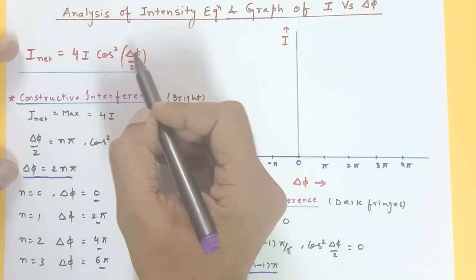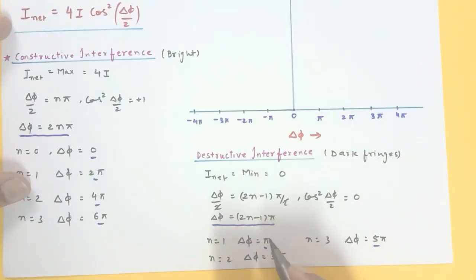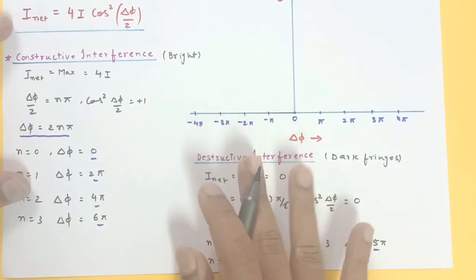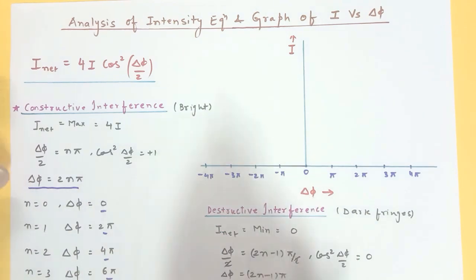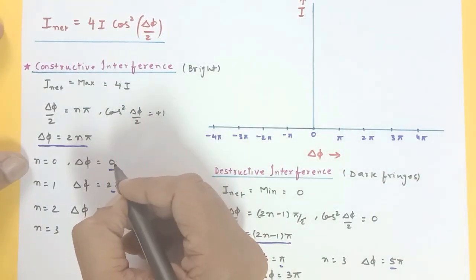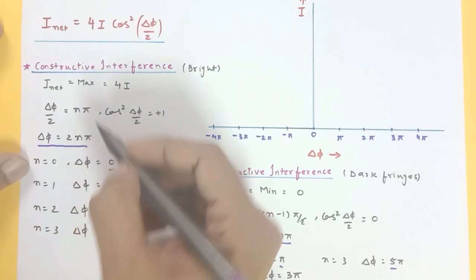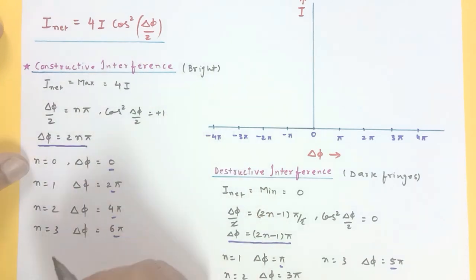So if I put negative pi, then it means that I am talking about this point only, because pi positive or pi negative I am going to get the same answer as 0, right? Okay, so if I put delta phi as 0, I get maximum intensity, because all these fringes are bright fringes and all these fringes have maximum intensity 4I.